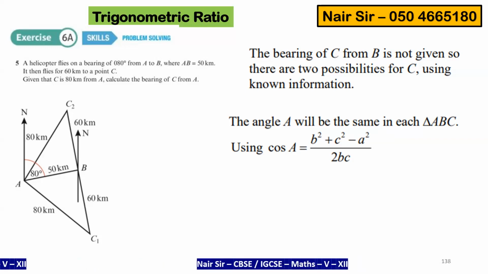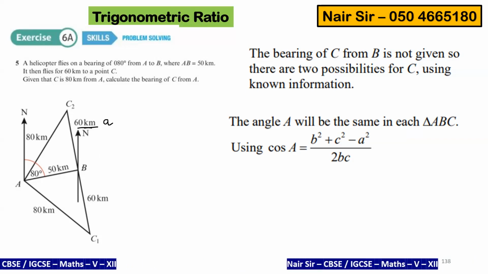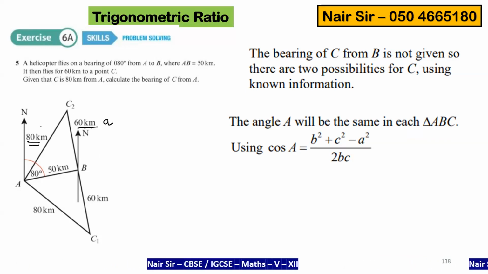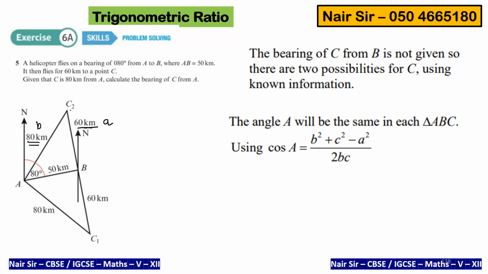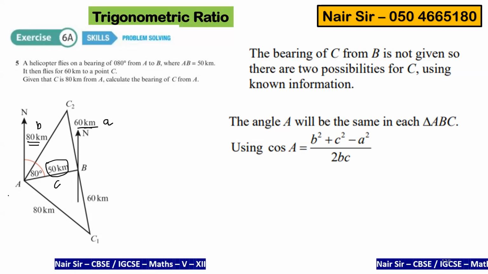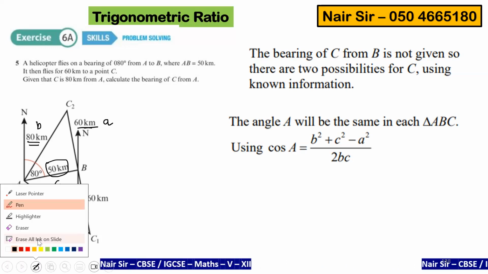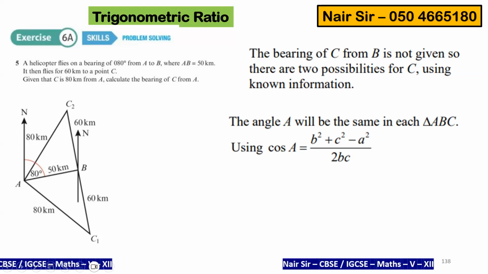Now what is b? Look at this. This particular number represents a, this particular number represents b, and this particular number represents c. I'm going to substitute these values and see what I get.